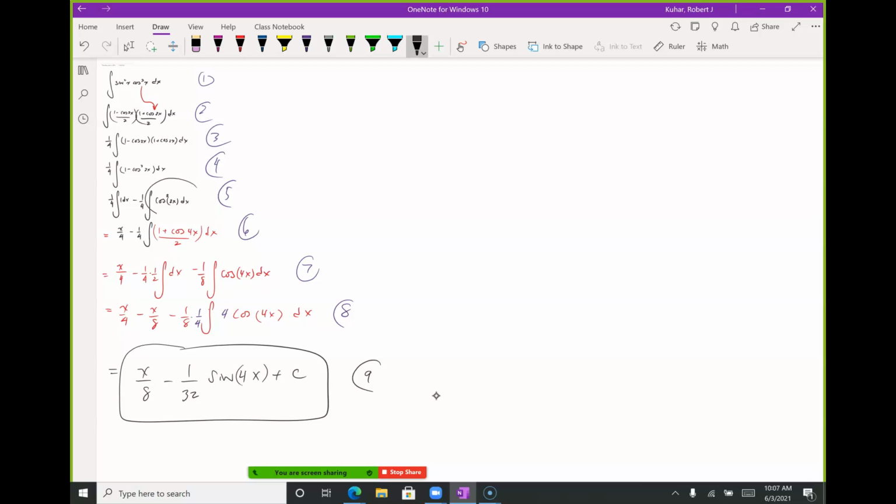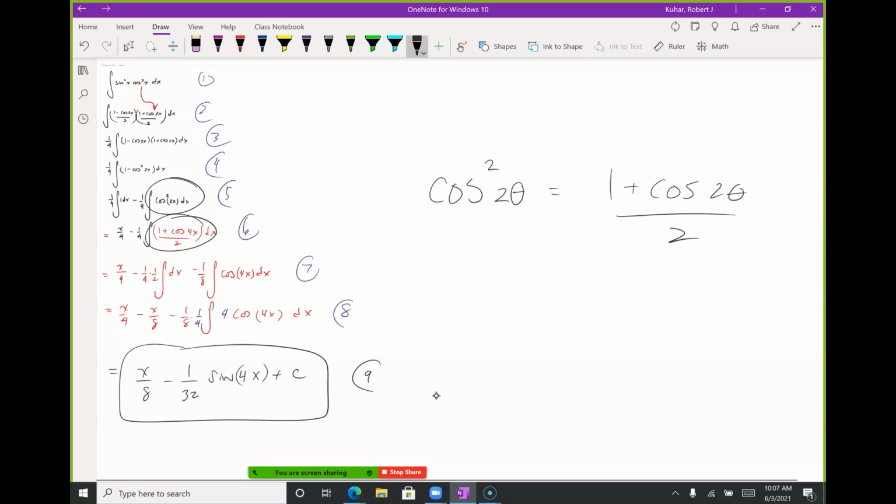So from that to that, right? Is that what you're asking? Yes, it is. So cos squared of 2 theta with a power reduction becomes 1 plus cos of double the angle over 2. And so if I have a 2 here, this is going to become a 4. I'm always going to double that angle. I see.